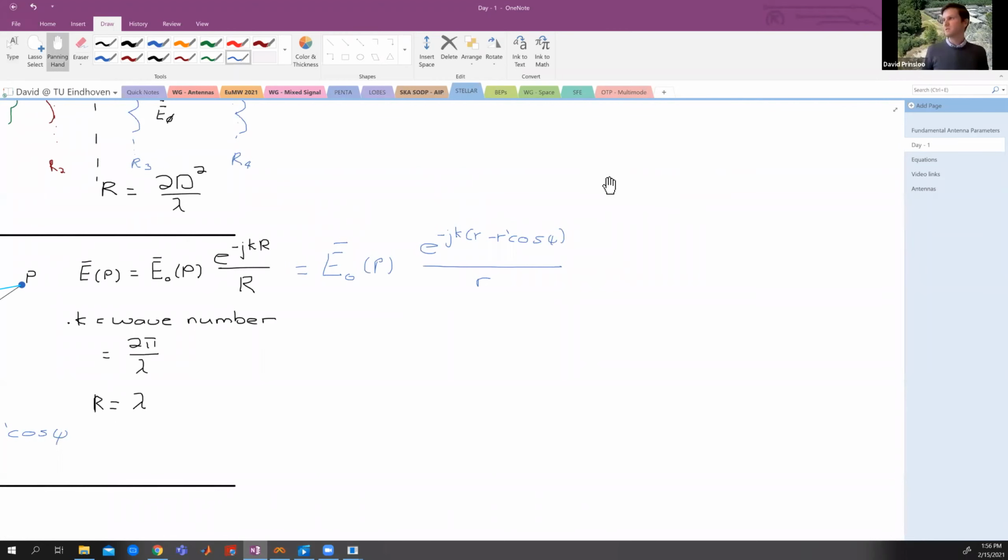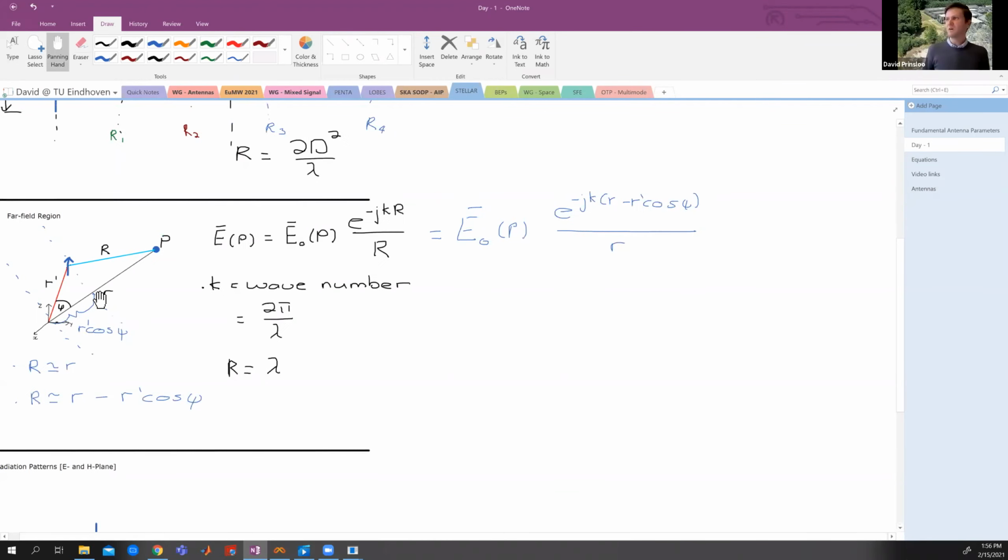There we go. So it's only in terms of phase that we compensate for this difference in distance from the origin and from the source. And in terms of magnitude, we just assume that the source is actually located at the origin. And as I say, we will get back to this at a later stage, once we're looking at antenna arrays.